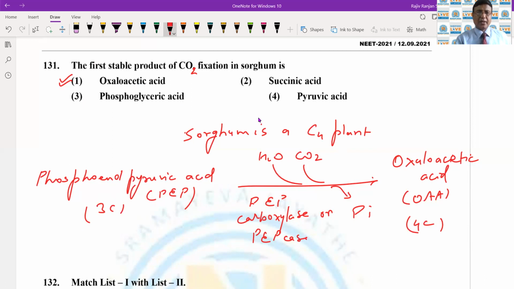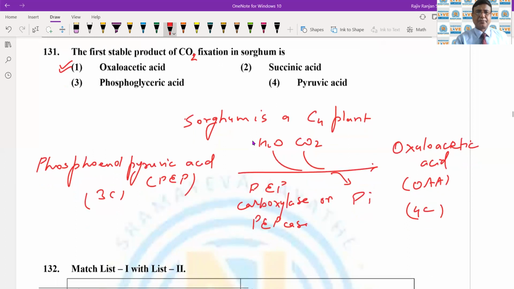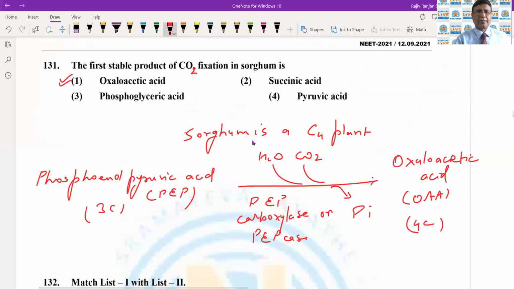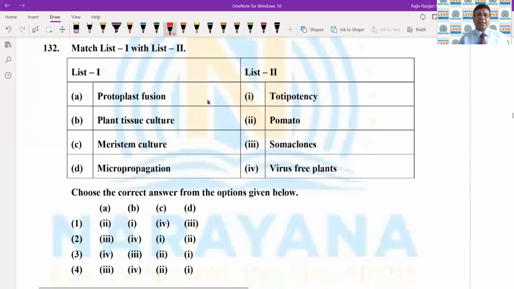So let's now see the next question. Match list 1 with list 2. So here are some processes related to tissue culture: protoplast fusion, plant tissue culture, meristem culture, micropropagation. And the options are totipotency, palmetto, somaclones, and virus-free plants.